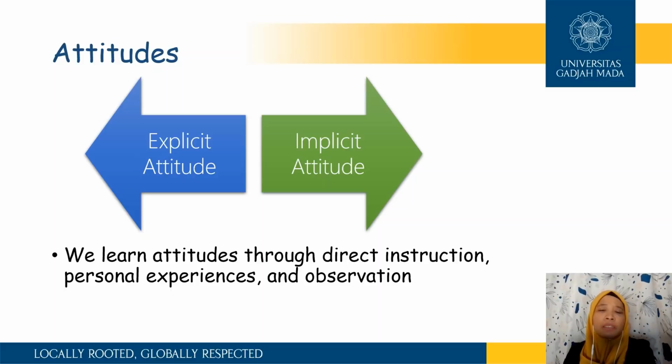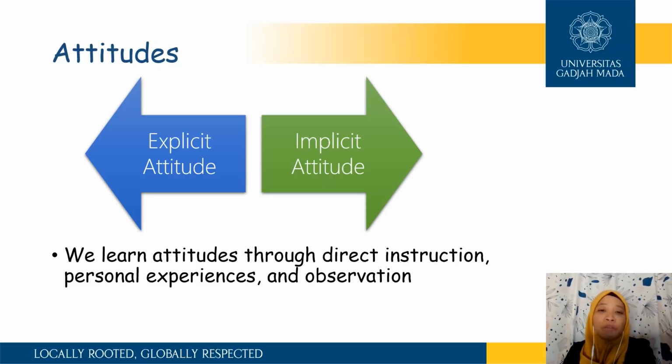So, for example, it's related to other theories like prejudice, implicit prejudice. Sometimes we might have a particular attitude about a specific group, and we think we don't have it. We think we are fine with them. We think we don't have negative attitudes towards them.